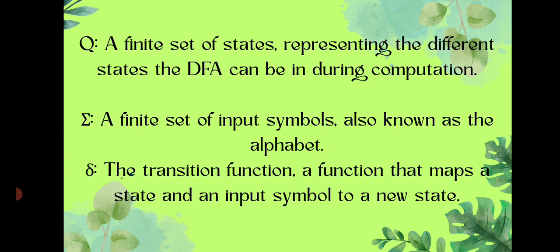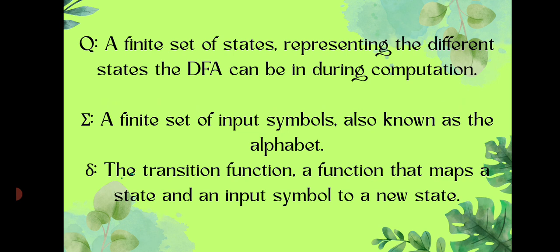Let's discuss its meaning. First is capital Q, which is used in calculation or in computation. So it is a set of finite states representing the different states the DFA can be in during computation, right? So capital Q means set of finite states. Next is summation. Summation represents input symbols.